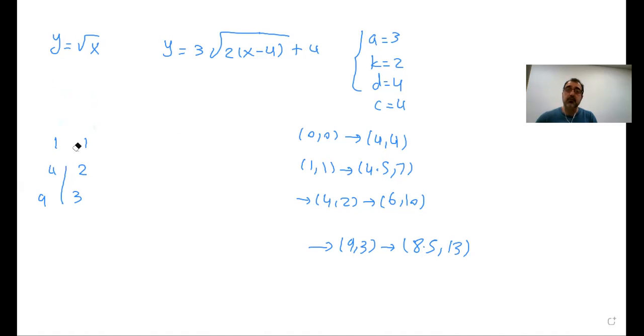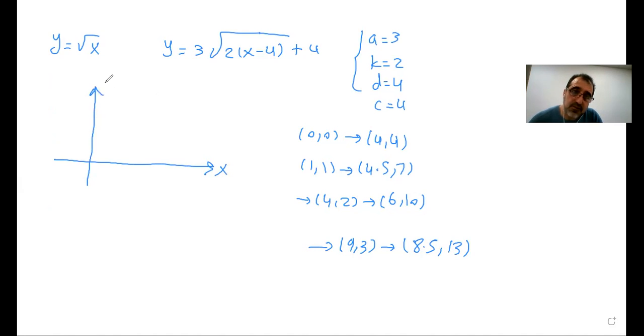We know how a square root function looks. X in here, y in here. It's better to have both functions on the same Cartesian system to understand the concept of transformation much better. This is root x, the blue one. I will write here 0, 0 changes to 4 and 4. For example, this is 4, this is 9, for instance.